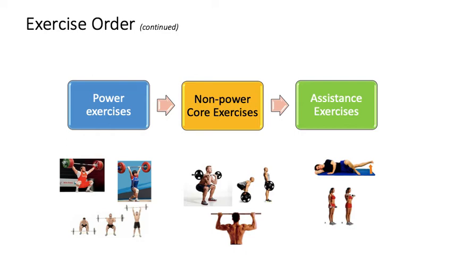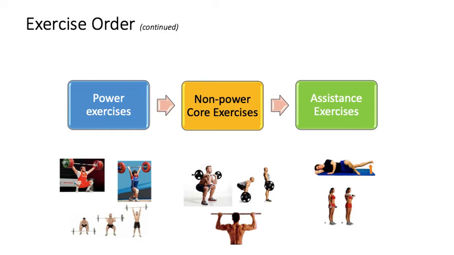Some examples of these are the front squat, the back squat, the deadlift, which uses multiple joints, the pull-up, the chin-up. All of these are using multiple muscle groups and multiple joints at once, and they're considered core exercises. Then the third thing you would follow in a training session is your assistance exercises.